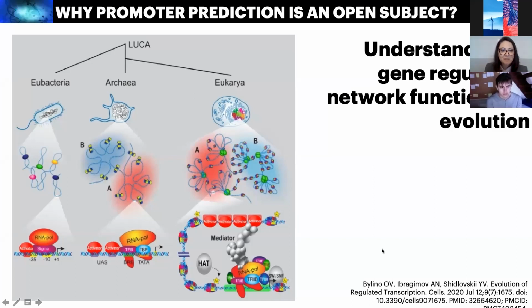So we can make some comparisons and conclude what is the same, what is different, and make some evolutionary thoughts and hypotheses about how gene expression regulation was evolving among the taxa and the organisms.